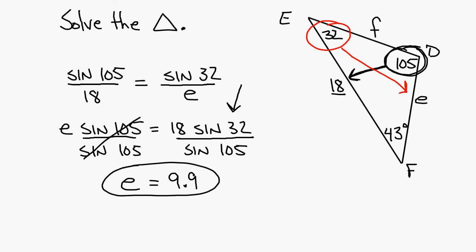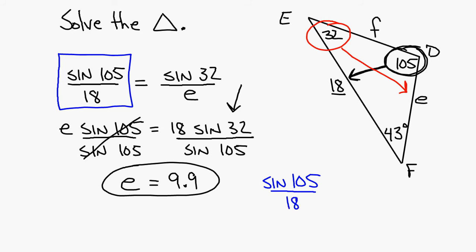So you can use this same ratio, this sine 105 over 18, and set it equal to sine of 43, and it's going to go over lowercase f, which is its opposite side. Your process is the same now. It's crisscross multiply and then solve for lowercase f.